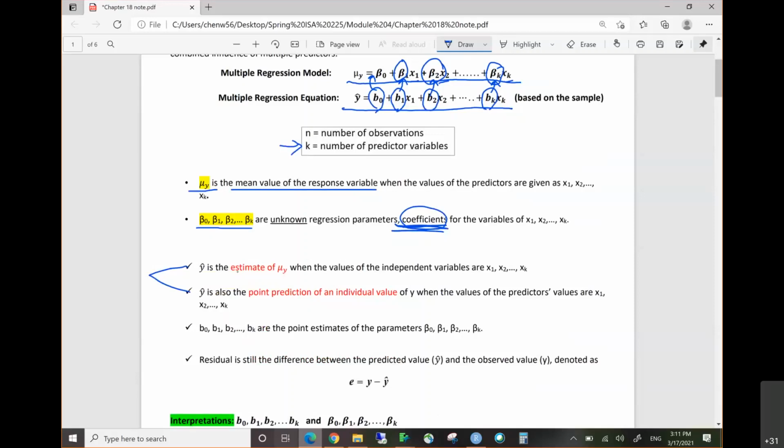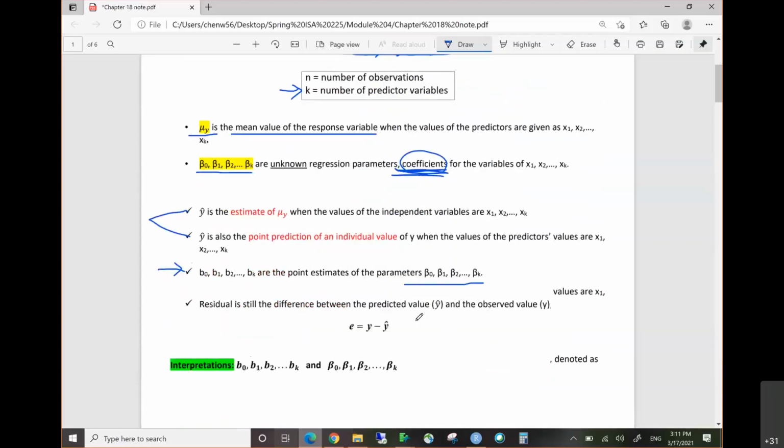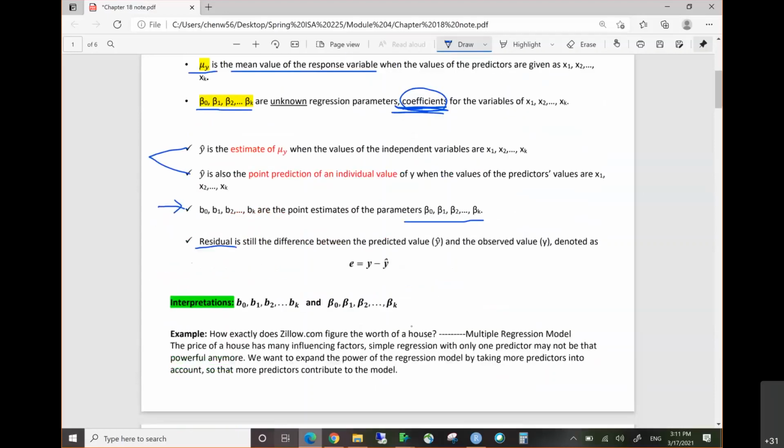We use b0 until bk to estimate the parameters beta 0, beta 1, until beta k. And we still have the residuals, which equal the observed y minus the predicted y. Up to here, everything should be very familiar to you.